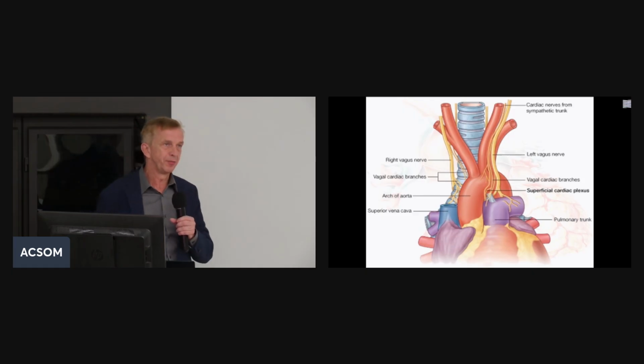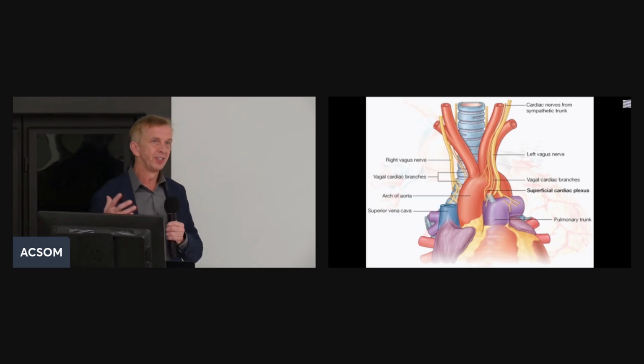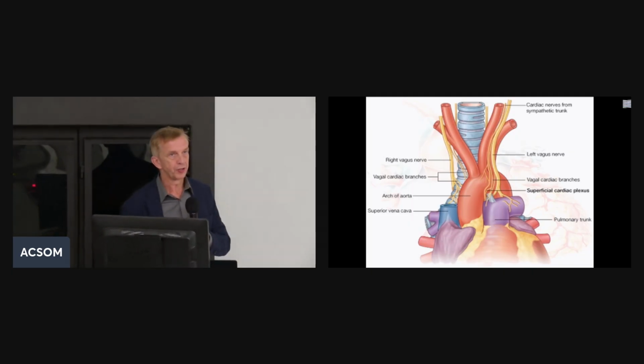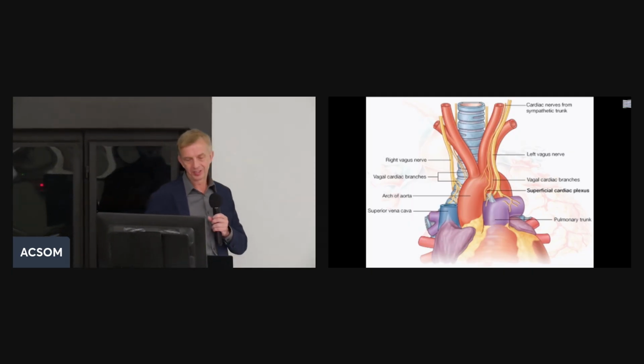I said the pulmonary valve is not as important. Unless there is very severe dysfunction, patients can tolerate dysfunction of the pulmonary valve, but they can survive without the tricuspid valve.